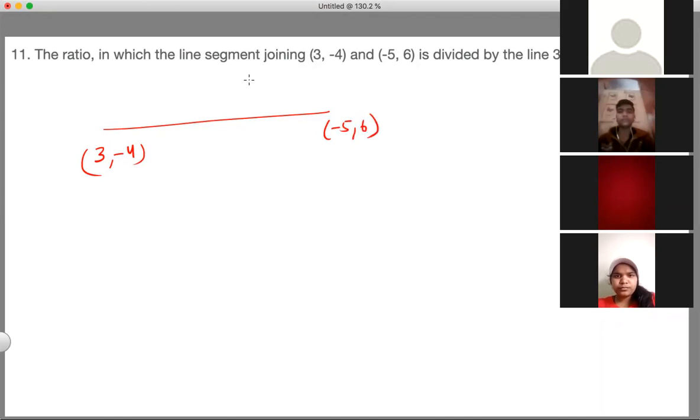And there is a line. Line क्या है? 3x plus 3y minus 1. Okay.